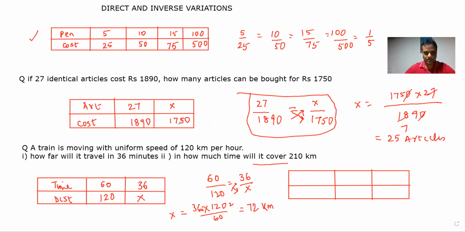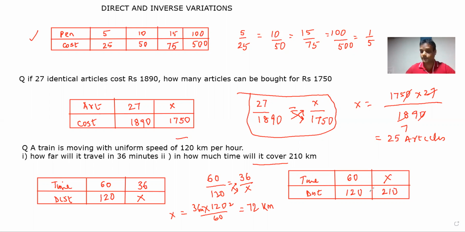So my initial statement will remain the same, that I'll say time and distance. What is the time? 60 minutes. And the distance traveled is 120 kilometers. Now it's asking how much time. So I don't know this. So I am assuming x. Will it cover 210 kilometers?